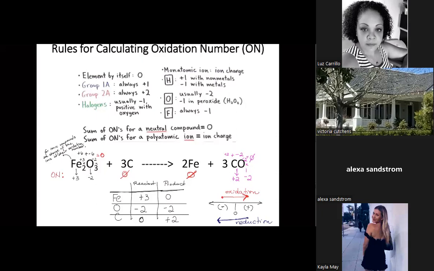So when we look at the case of what happened to iron, iron was positive and it went towards 0. So let me use my highlighter tool. For iron, it was positive and it went towards 0. So as you can see, iron got reduced, or it undergoes reduction.